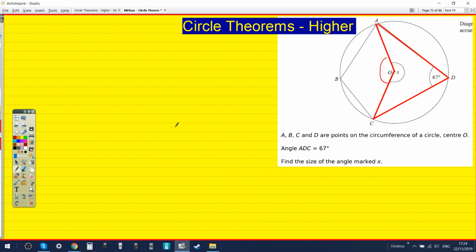The angle O. Well, you can work in reverse. Oh, so double 67, sorry? Yeah. Okay.